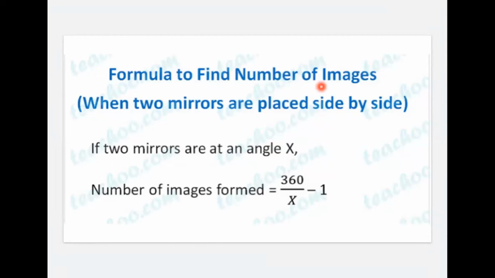The formula to find the number of images when two mirrors are placed side by side: suppose two mirrors are placed at an angle of x, in our textbook it is given as A. So instead of x, we will be using A. The number of images formed is equal to 360 upon A minus 1. The formula is very, very simple: 360 upon A minus 1, where A is the angle at which the two mirrors are inclined.